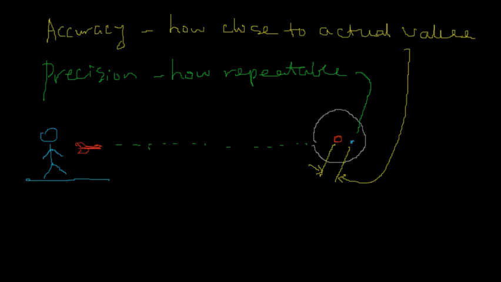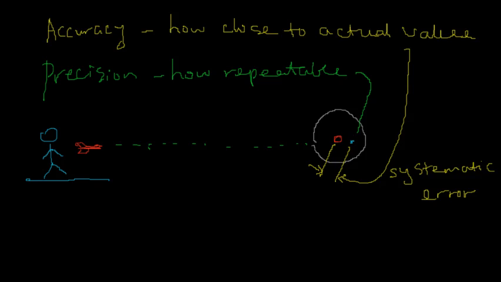I should call this the systematic error. And now the precision, where are we? So the precision would correspond to the random error.